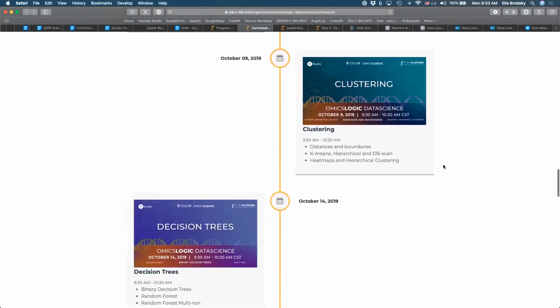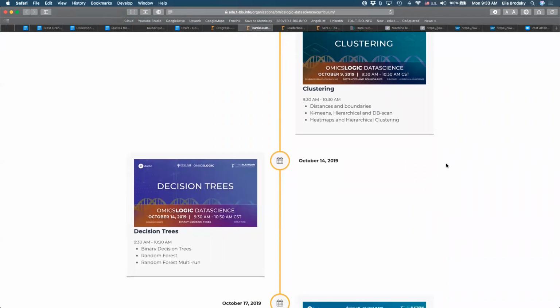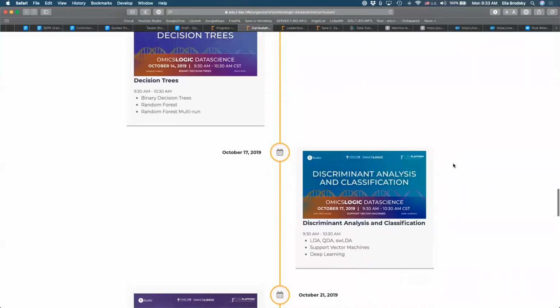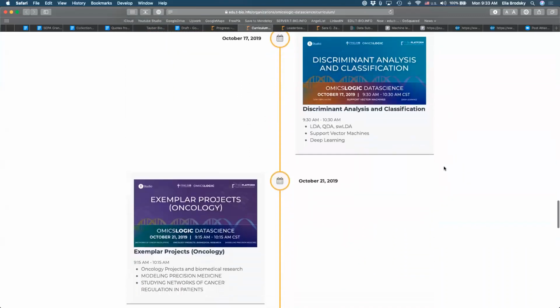And then we looked at data mining, so unsupervised analysis like clustering, and looked at classification. Discriminant analysis and classification really helped us understand how we can select subtypes and understand feature selection in the context of a specific question.